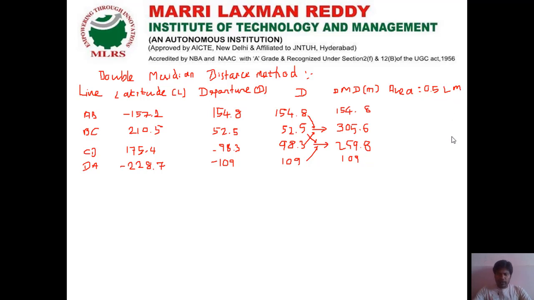So 0.5 into minus 157.2 into 154.8 gives minus 12,167.28.